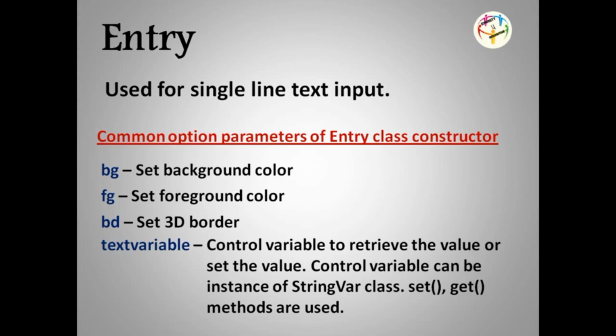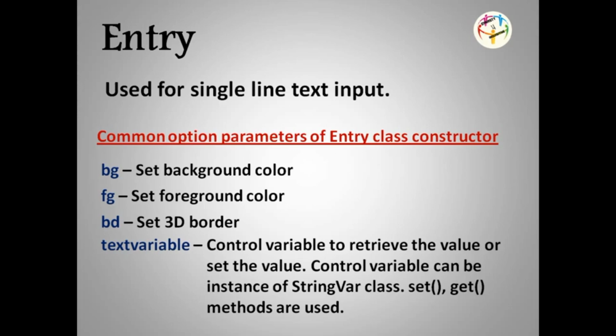Next, number 4 is text variable. So text variable means to set any value within the entry widget or to retrieve any value from the entry widget, we need a variable declaration. That variable is called control variable.